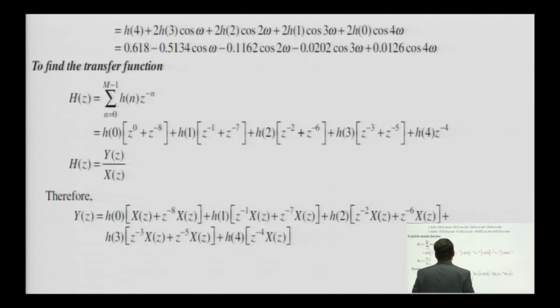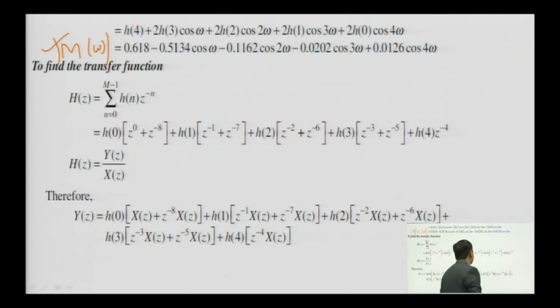If you apply this formula, then you will get this one. Okay. So, this is your magnitude response that you can also calculate here. This will be the magnitude response of this particular digital filter.